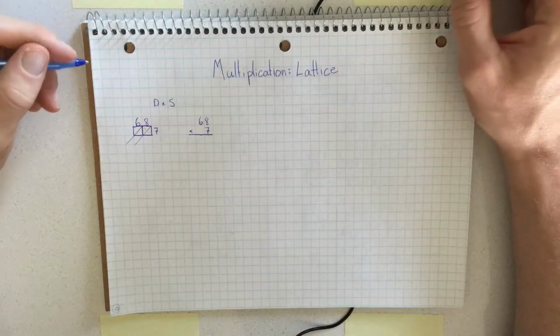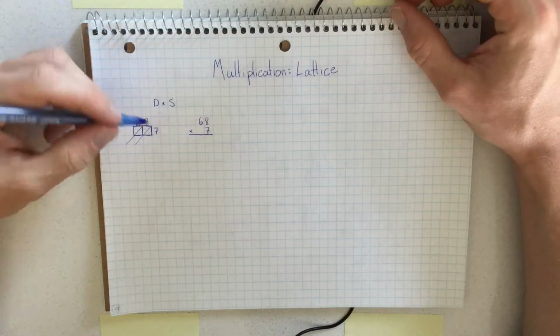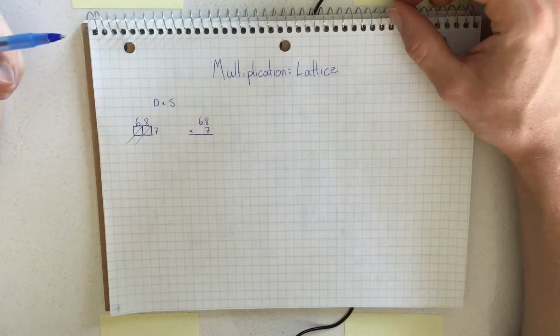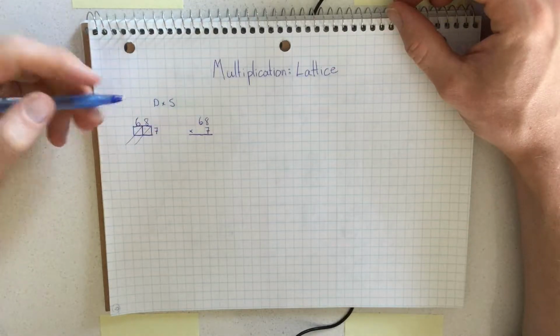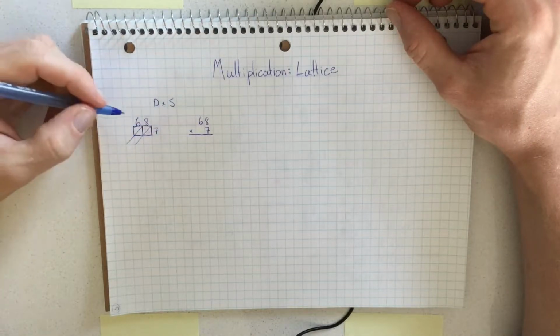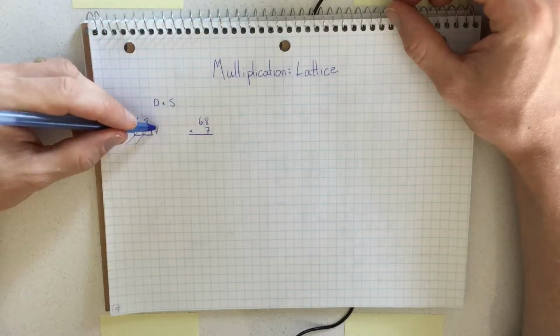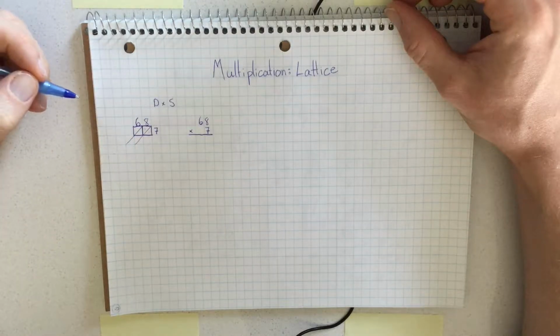So let's do that. Just like traditional vertical multiplication, we're going to be starting on the right. We're going to take our 7 and multiply it by 8.